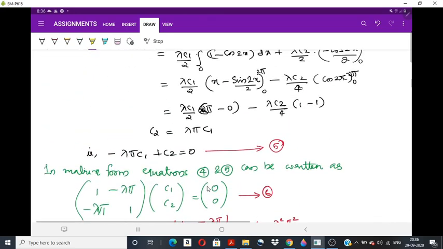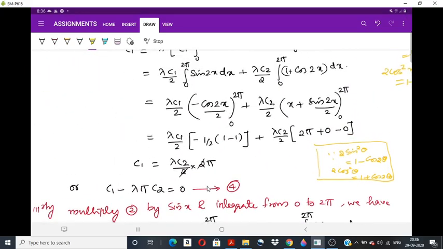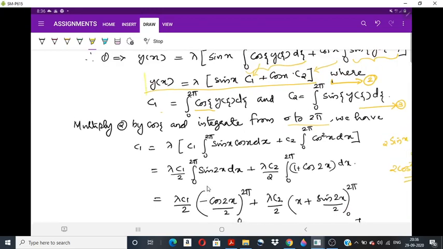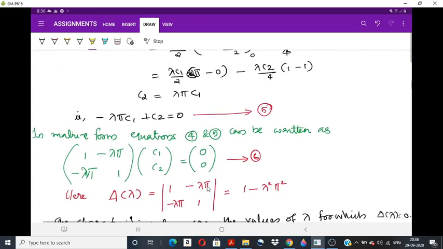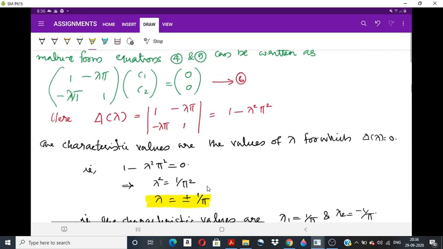And we have generally stated the form of the solution as equation number 2. So this is the general solution. And for lambda equal to 1 by pi, we have to find the characteristic functions.